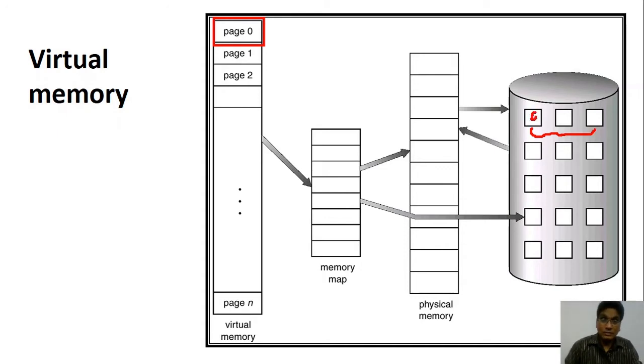You take that part, page 0, and load it into the physical memory. This is the idea of paging. In paging, you divide a large program into smaller units called pages, and you load those pages into frames in the memory. This is the idea that you are all familiar with.